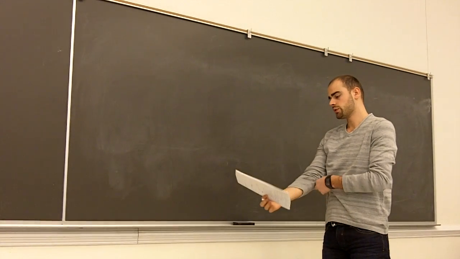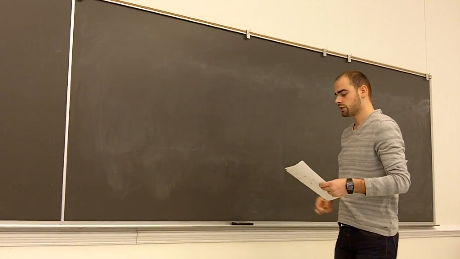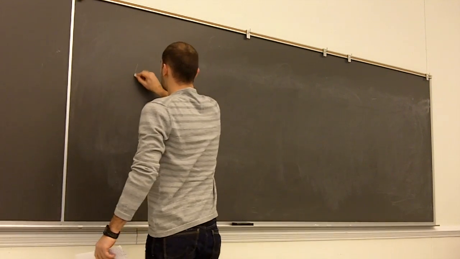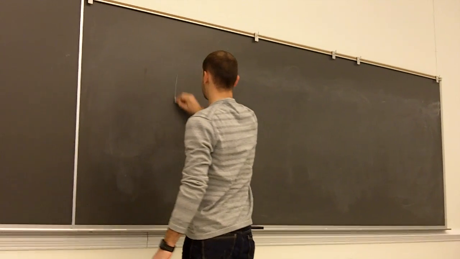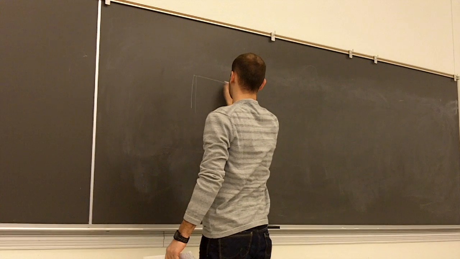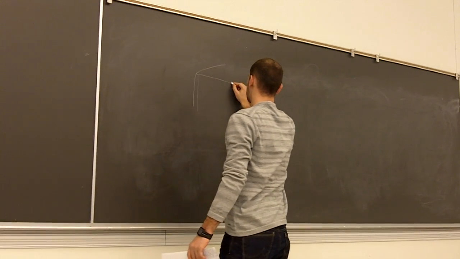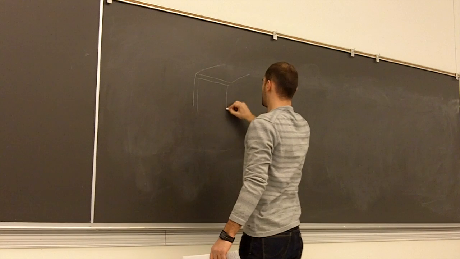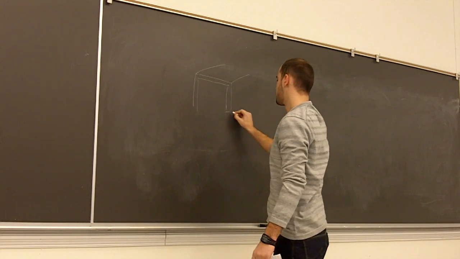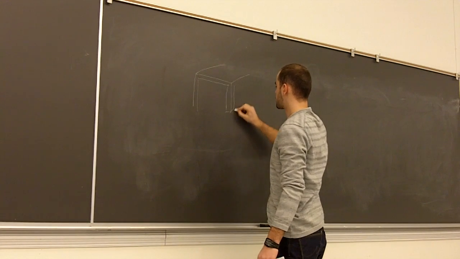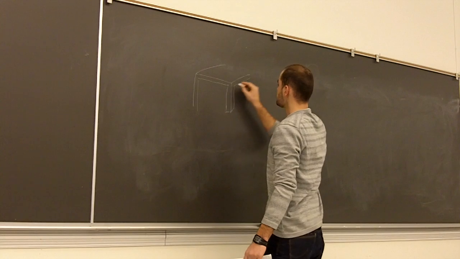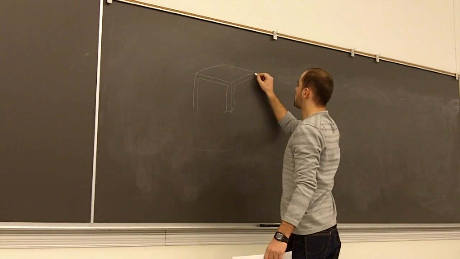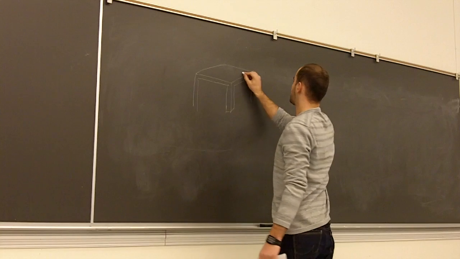This lesson will talk about the calculation of the structural elements of a building. So I'm drawing a building here, its structural elements, which are: this one is the slab.